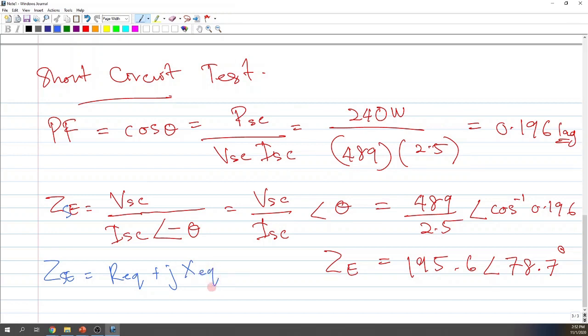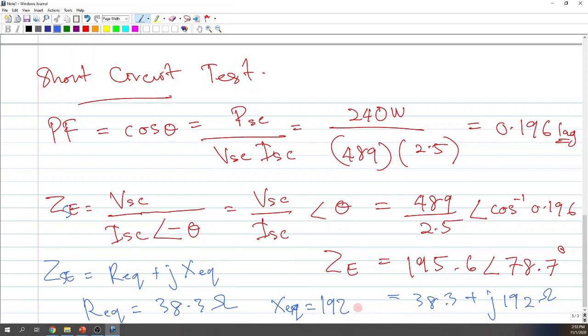Okay, so from here kalau kita pecahkan kita dapat 38.3 plus J192 ohm. So R equivalent, from here kita directly boleh dapat lah, R equivalent equal to 38.3 ohm and X equivalent equal to 192 ohm.